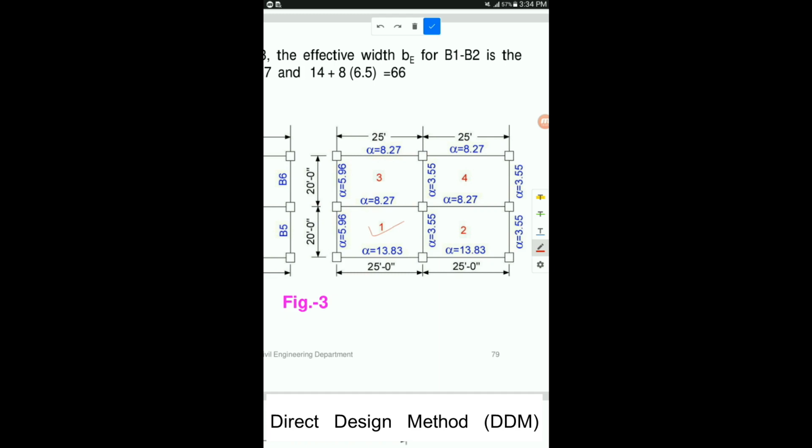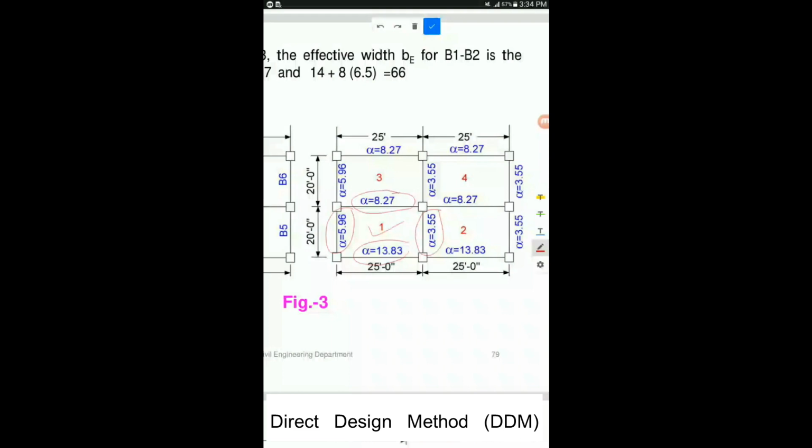For calculating the alpha m for this panel, we have 4 different values of alpha because panel 1 is resting on beams: this one having alpha 13.83, then the other alpha is 3.55, then 8.27 and 5.96. So alpha m for this slab panel will be the sum of all these four values, the ones I circled right now, divided by 4.